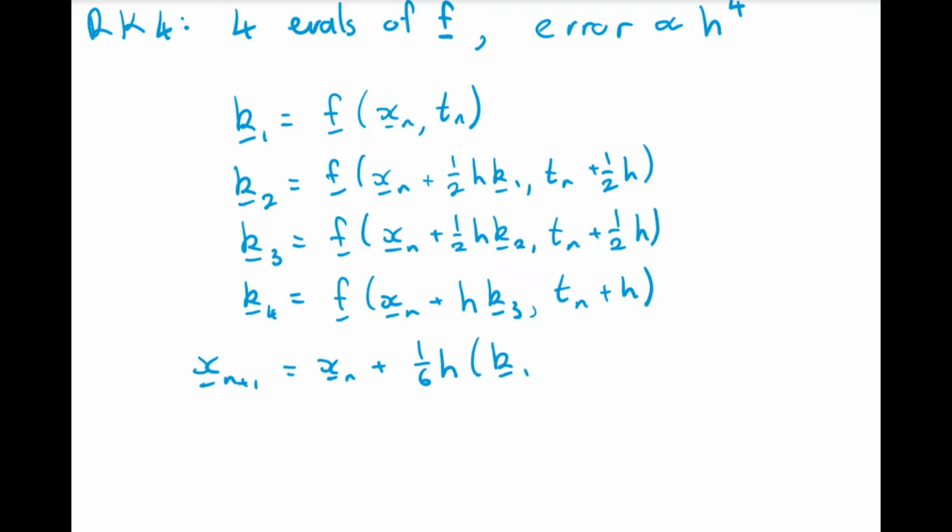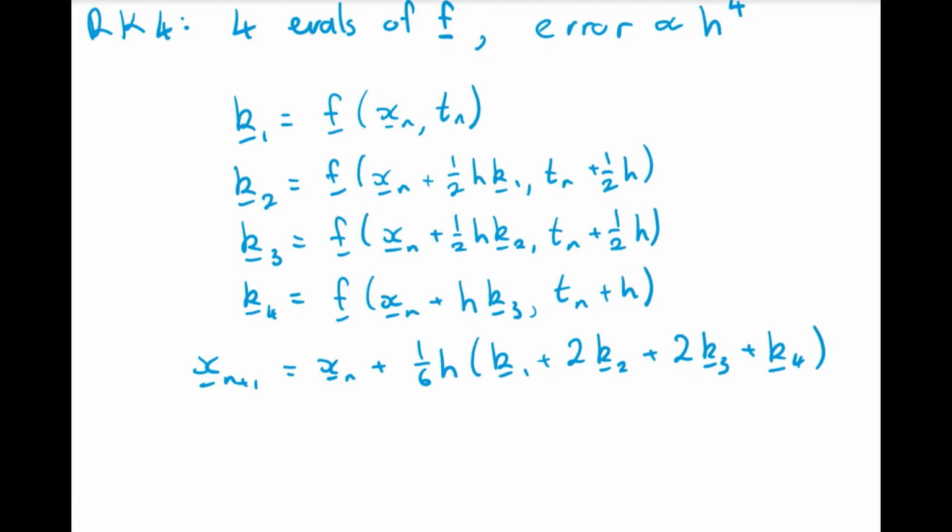And the formula is K1 plus 2K2 plus 2K3 plus K4. Again, quite a nice simple formula. And the error is proportional to h to the 4, which is very good. That means if you reduce the step size by a factor of 10, the error should go down by a factor of 10 to the 4, which is pretty good, 4 more decimal places of accuracy.